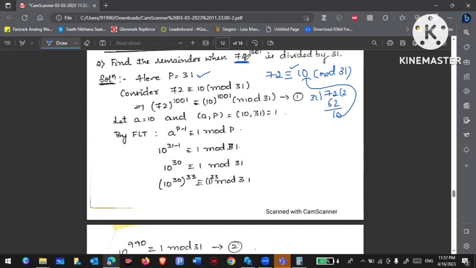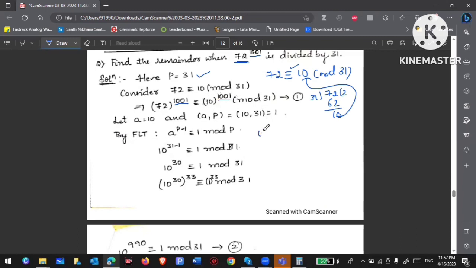Now I want 72 to the power 1001. So powering both sides by 1001, 1001 here, 1001 here. Now since this is a large number, we will make use of Fermat's little theorem. How?